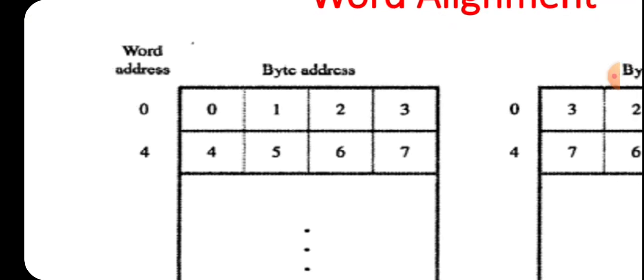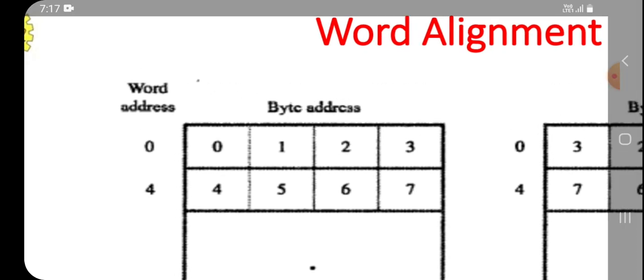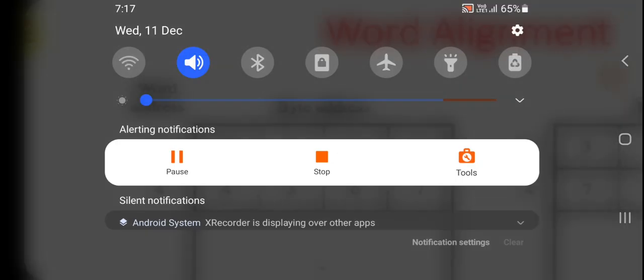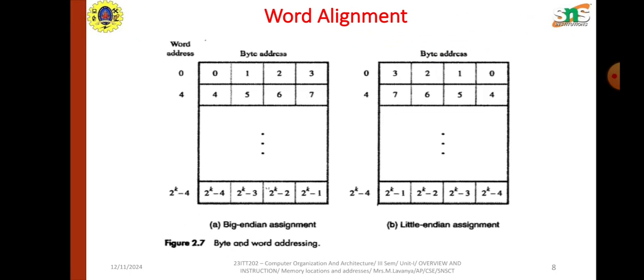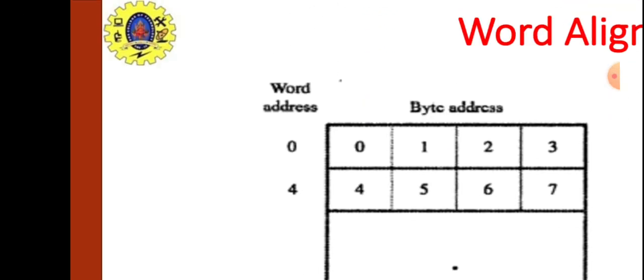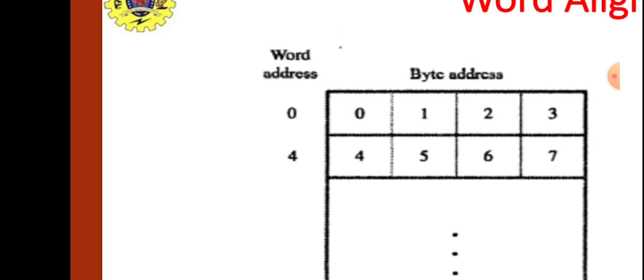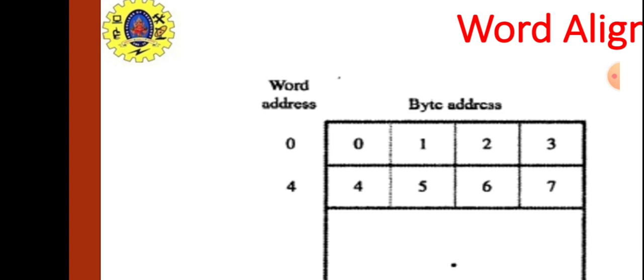See here. In this, the leftmost bit is known as the most significant bit, whereas 0 is the most significant address here.